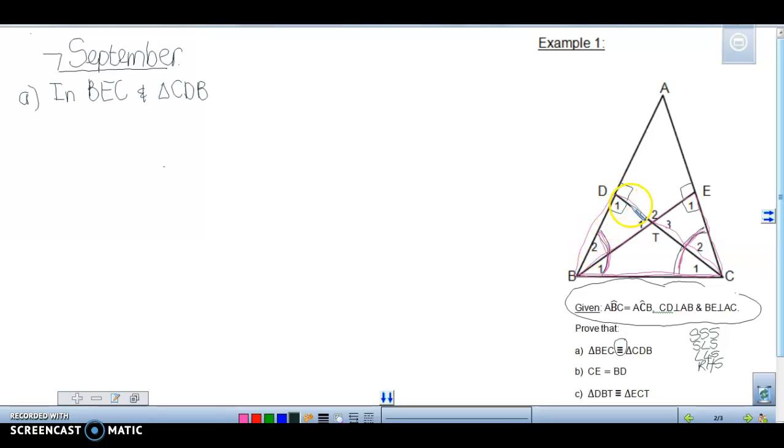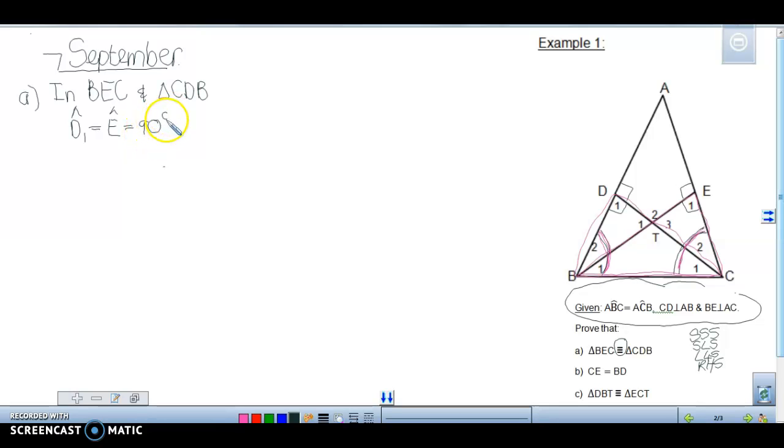Angle D1. Can you see that? That angle? Angle D1 is equal to angle E1. And how do I know that? Because it's given the perpendicular lines, and you can even say they are equal to 90.